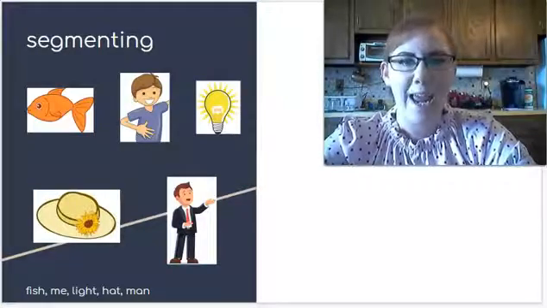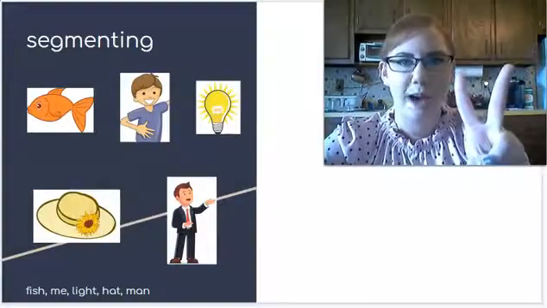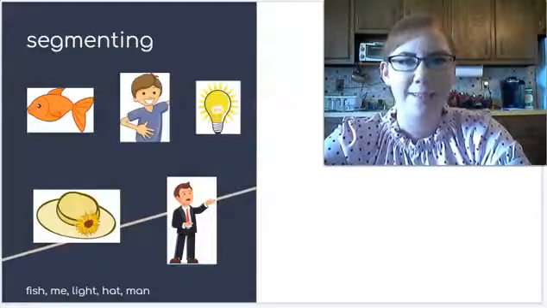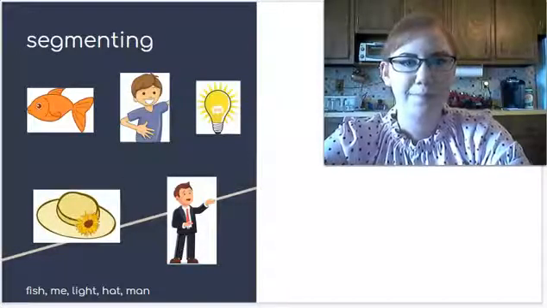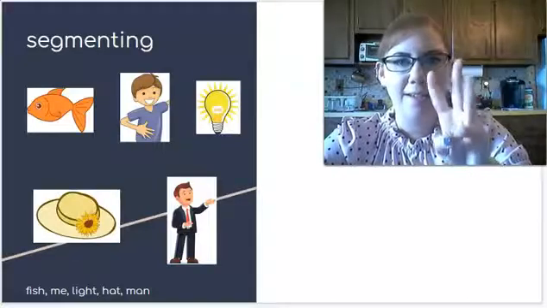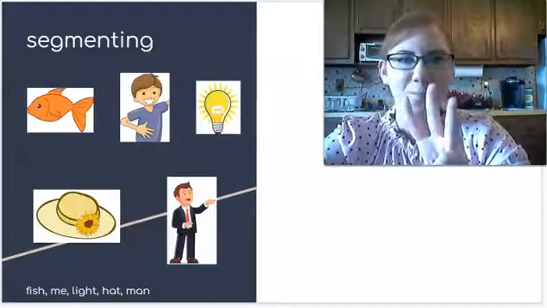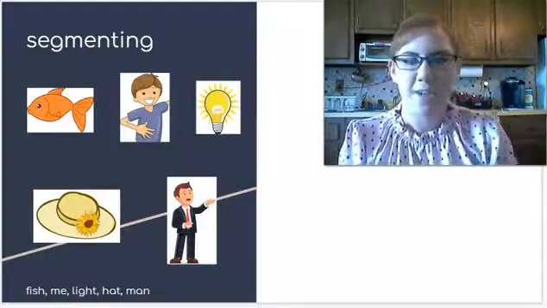The word it has 2 sounds. What about the word mat? If we take it apart, how many sounds does it have? Mat has 3 sounds.